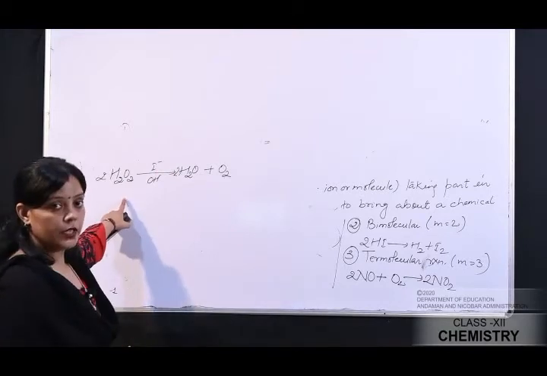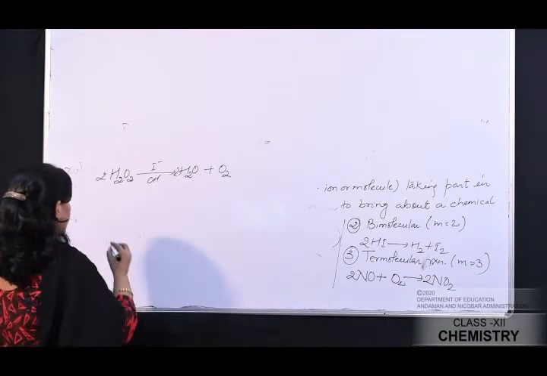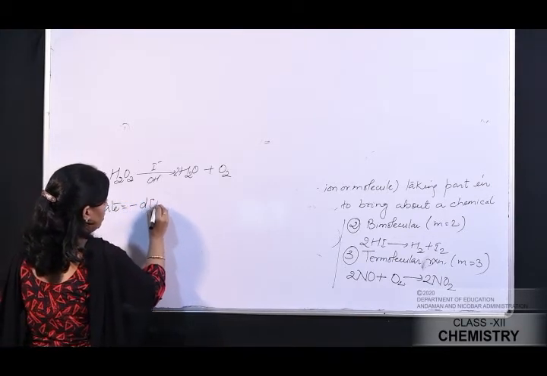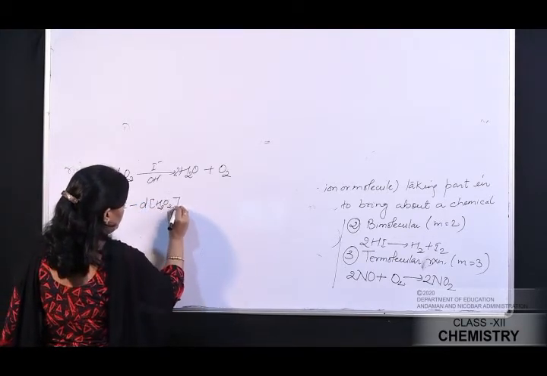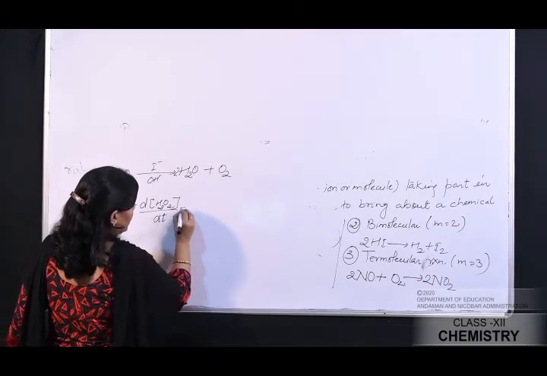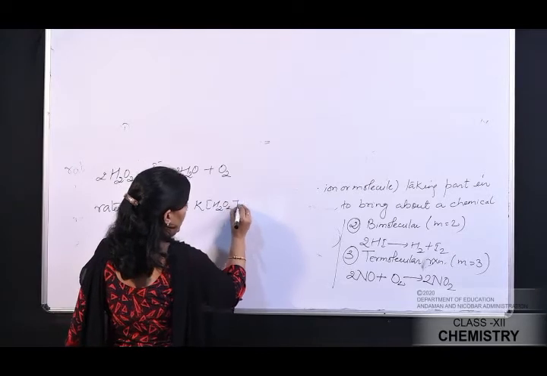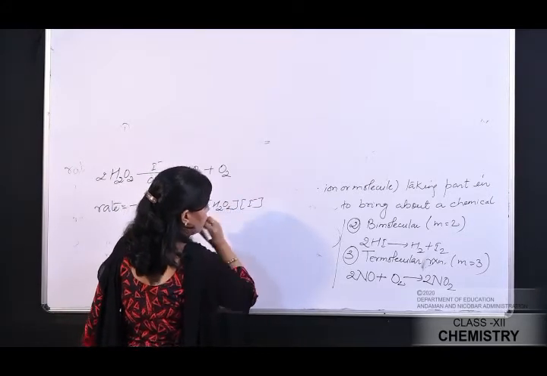This is the reaction, and the rate expression for this reaction is written as minus d[H2O2]/dt, and the rate law is k [H2O2] power 1 and [I negative] power also 1.